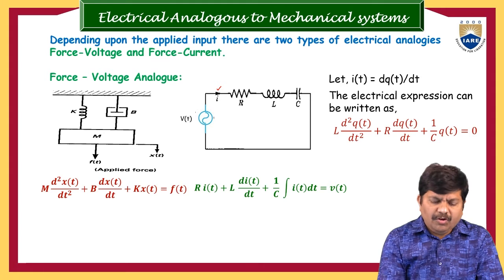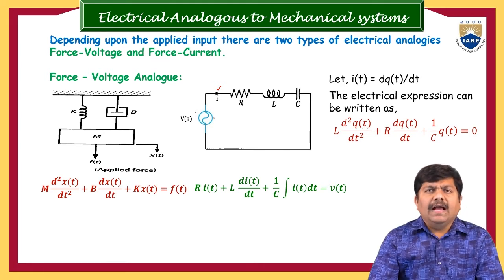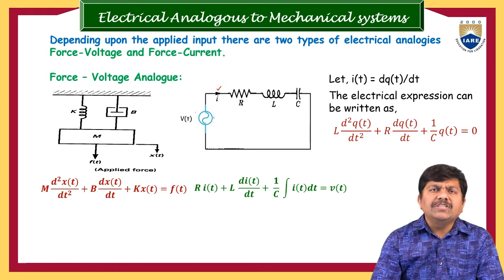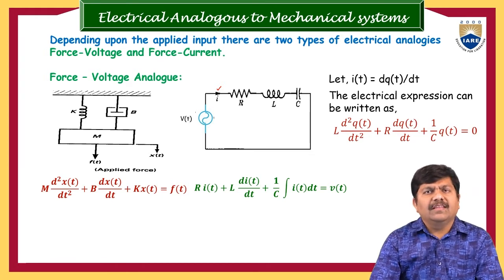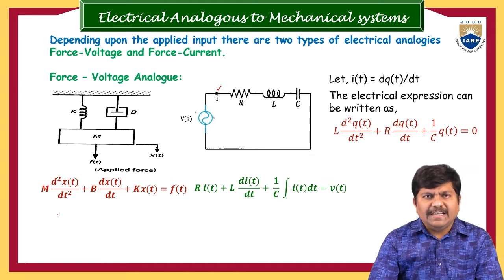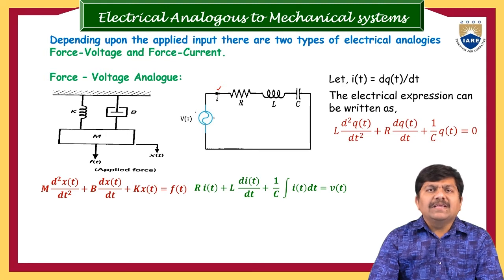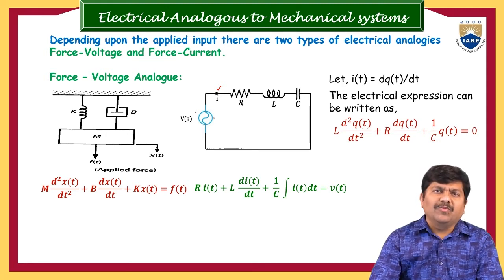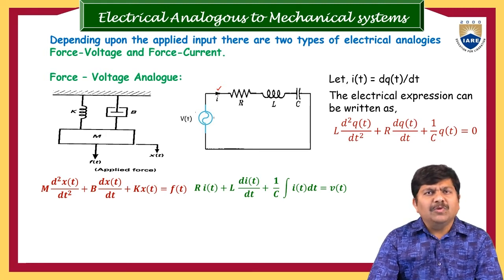Okay. Now for this mechanical system, we have already studied many times what the differential equation is. Which differential equation describes the given mechanical system well? m into d square x by dt square plus b into dx by dt plus k into x is the applied force. What formula did we use to derive this second order differential equation, which is the mathematical equivalent of the given mechanical system?